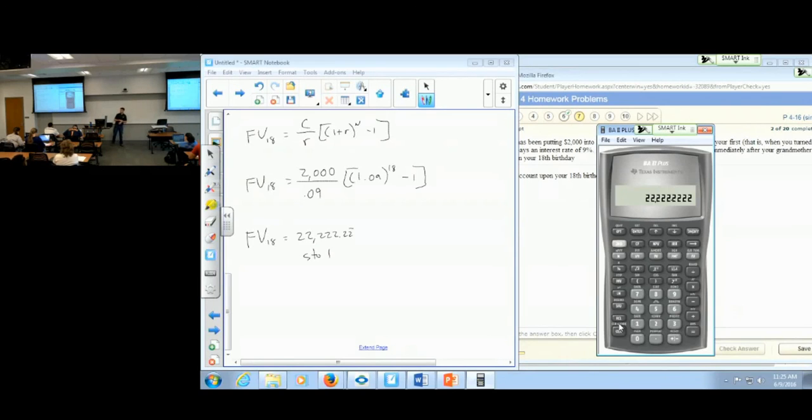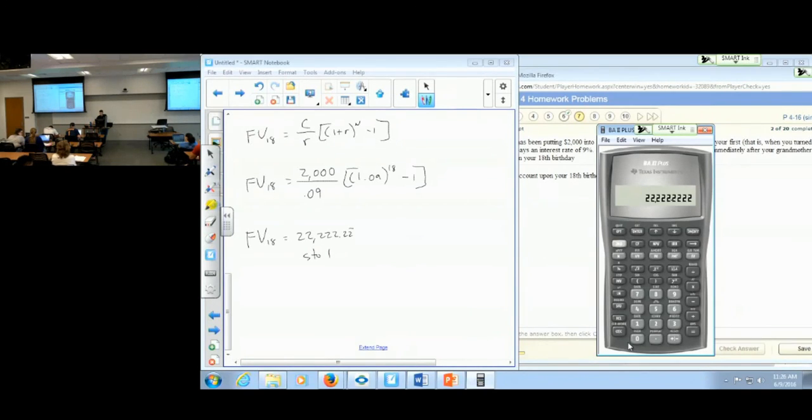Instead of just writing down 22,222.22 and then plugging that in again later and introducing that rounding error, now I've got the 13 decimal version stored. And you can store numbers on any of the numerical keys 0 through 9. I'm in the habit of starting at 1 and working my way up for every problem. There's no reason you have to go that way. You can use any key.